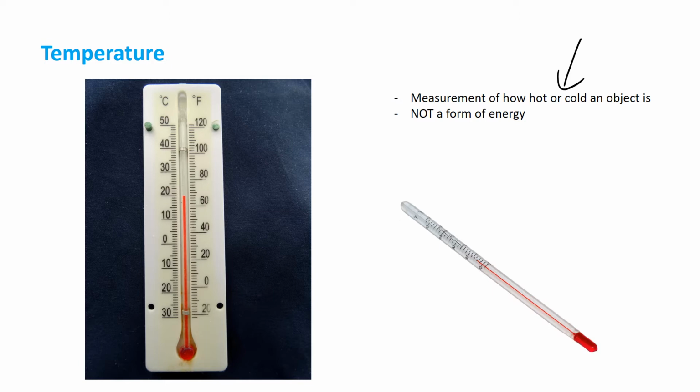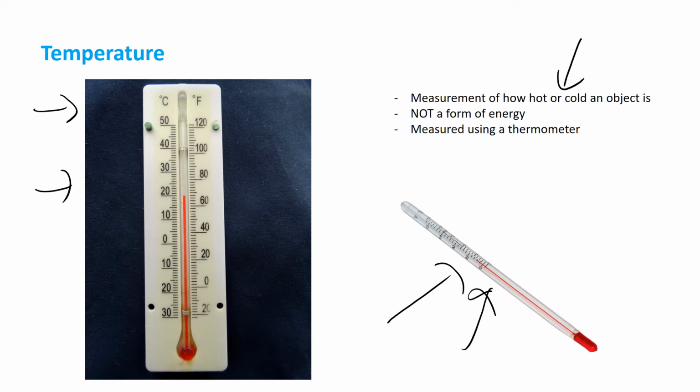This image you see over here, these two, these are what you call thermometers. They are used to measure temperature, right? This thermometer is used to measure the temperature in your room, and this thermometer is used to measure the temperature of a liquid.